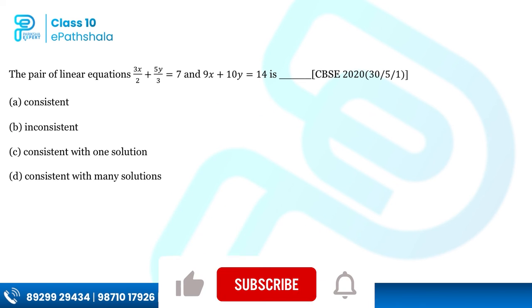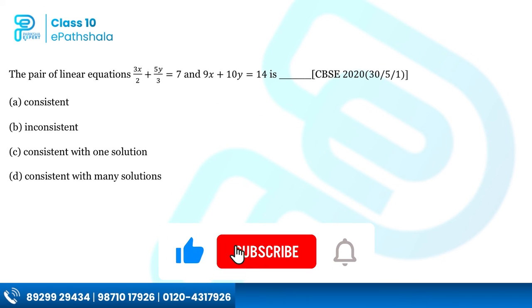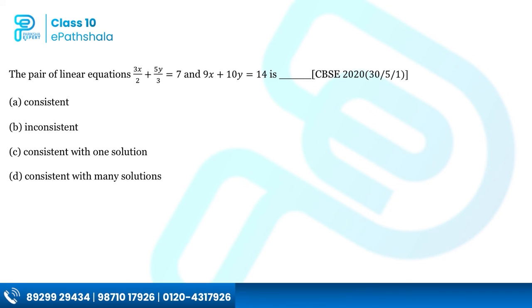Next question says that the pair of linear equations 3x upon 2 plus 5y upon 3 is equal to 7 and 9x plus 10y is equal to 14. This is a question of CBSE 2020 first set. It says what is the condition if this is the given case: consistent, inconsistent, one solution or many solutions.